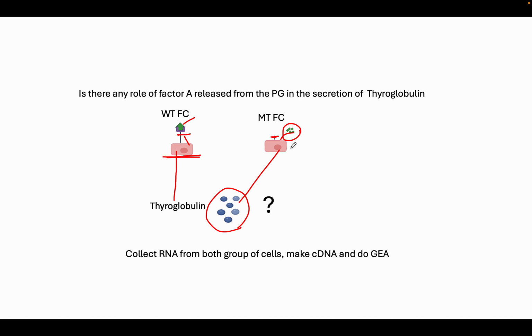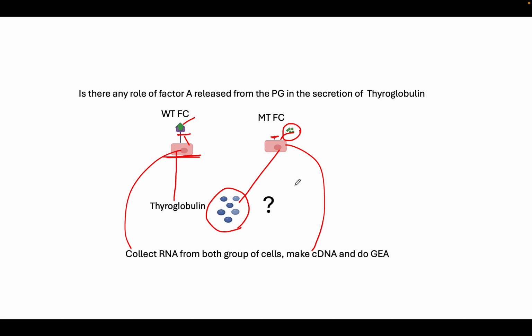That is my hypothesis. So to check this hypothesis, either to prove or to nullify it, I will collect RNA from this sample and this sample. How we collect RNA, I have already discussed in my earlier videos.